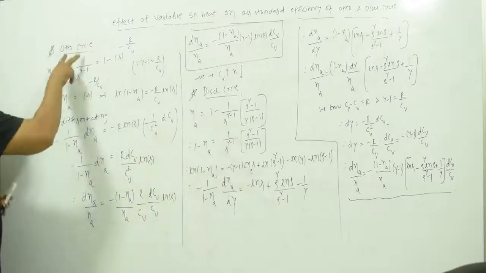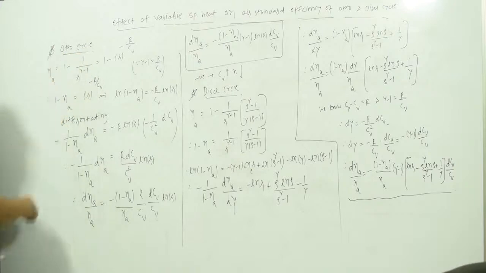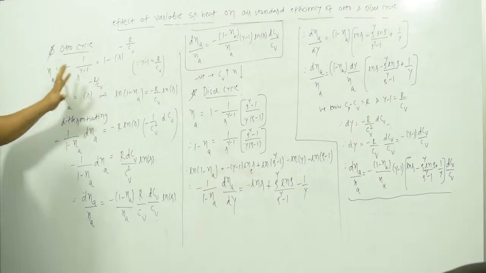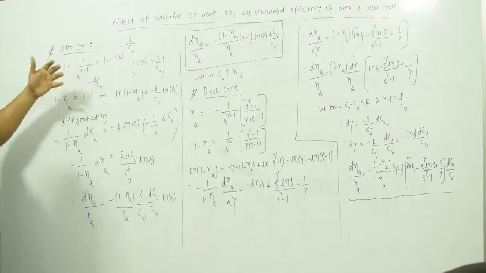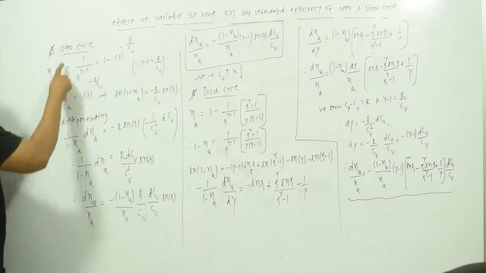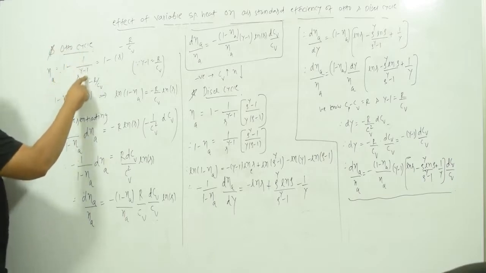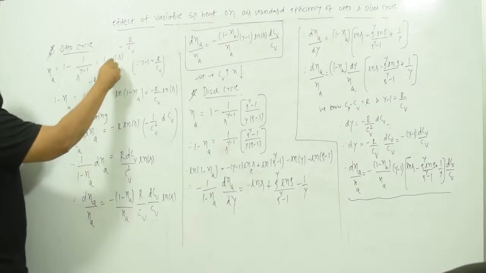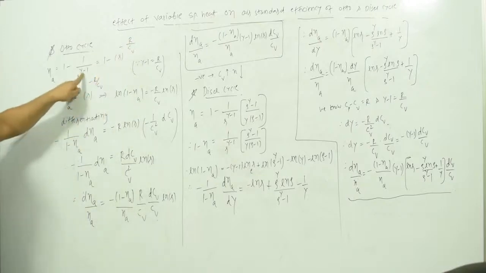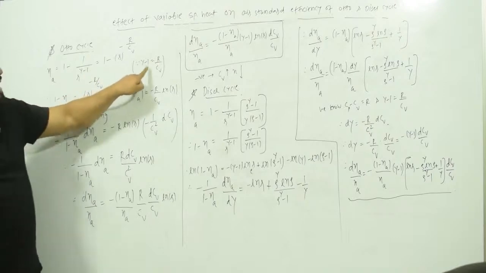Now we know that for the Otto cycle the air standard efficiency is equal to 1 minus 1 upon r raised to gamma minus 1, where r is the compression ratio and gamma is the specific heat ratio Cp upon Cv. So can I write 1 minus 1 upon r raised to gamma minus 1 as 1 minus r raised to minus R upon Cv? Why? Because in place of gamma minus 1 can I write R upon Cv?